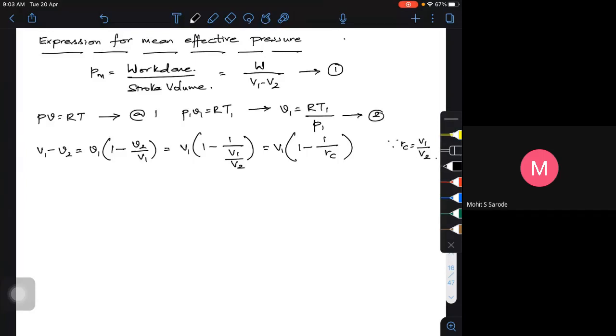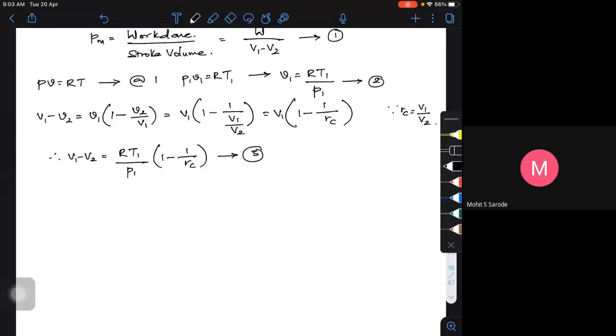Now substitute for V1 from equation 2. Therefore, the stroke volume V1 minus V2 is equal to R T1 divided by P1 into 1 minus 1 by rc. Let me call this expression number 3.